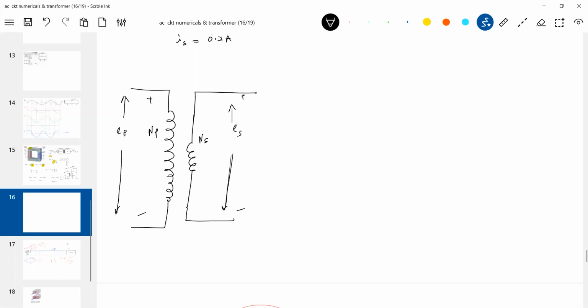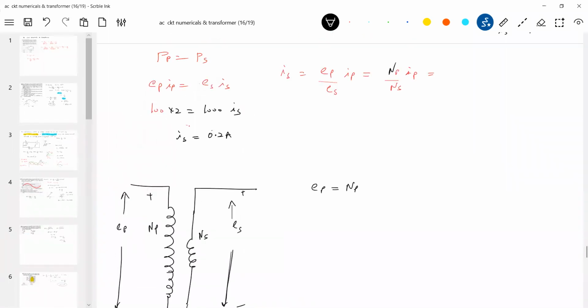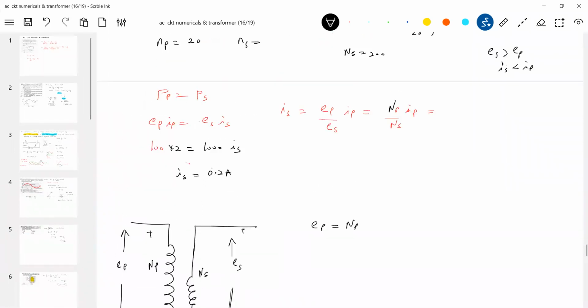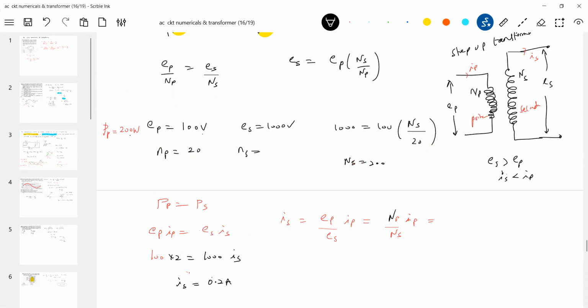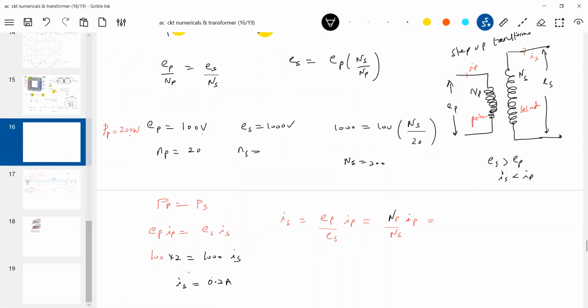Then what is the basic formula here? EP by NP should be equal to ES by NS.